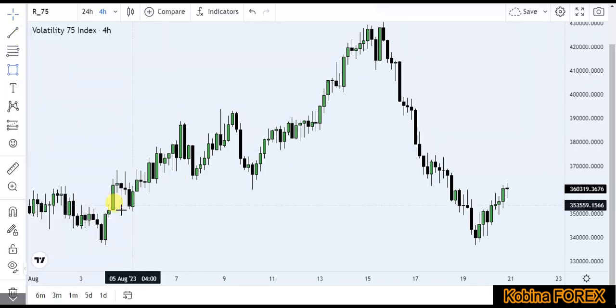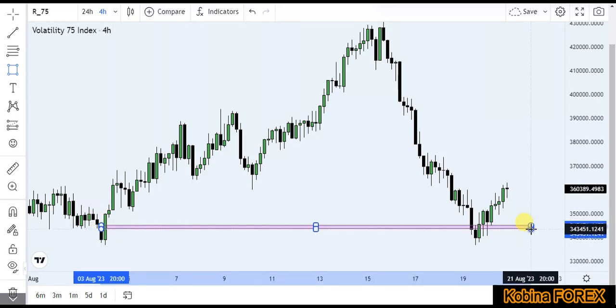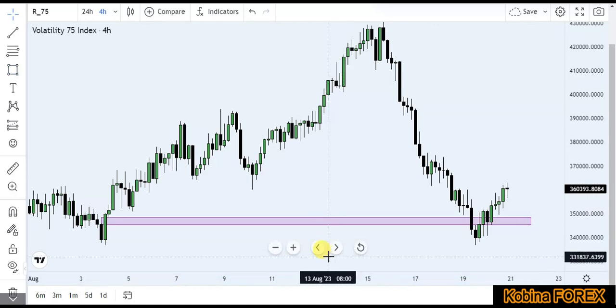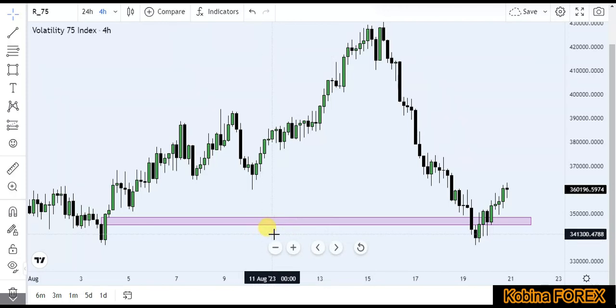And yes, price actually traded into that area, and it did what it was supposed to do, and we are trading above that level as of now. So if you had executed that trade, you would definitely be in profit.